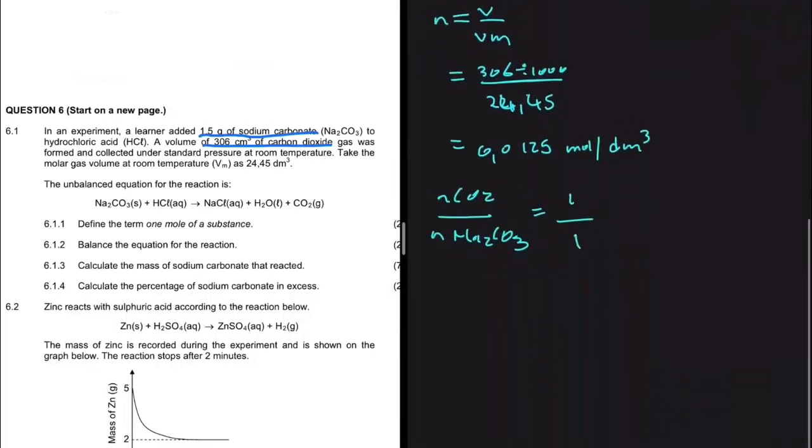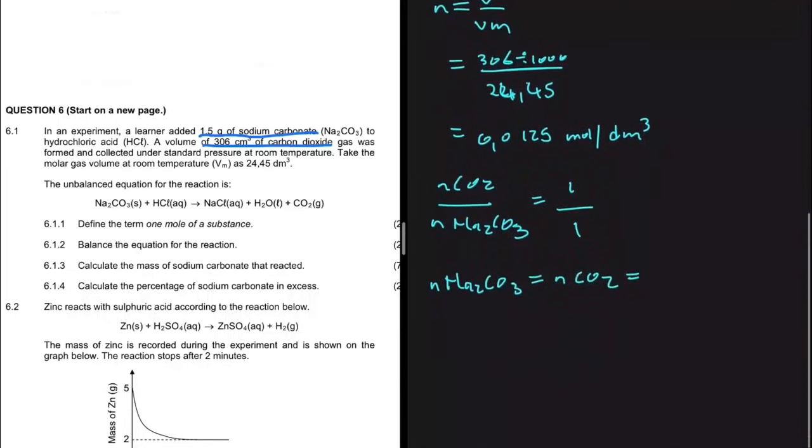Just in case. So now we can say that the number of moles of Na2CO3 will be equal to, we cross multiply, multiplying everything by 1, so it just remains how it is. It is equal to the number of moles of CO2, which is 0.0125 moles per decimeter cube.